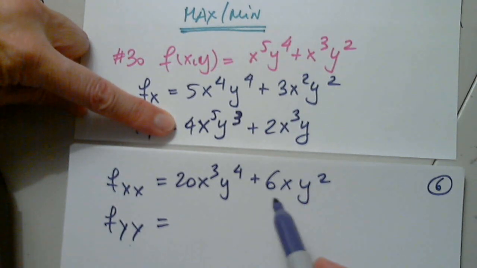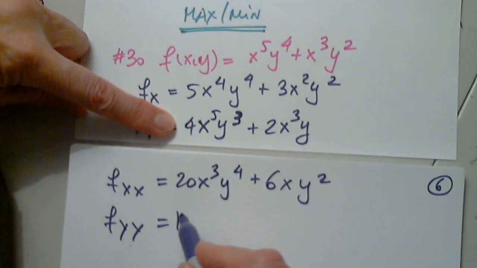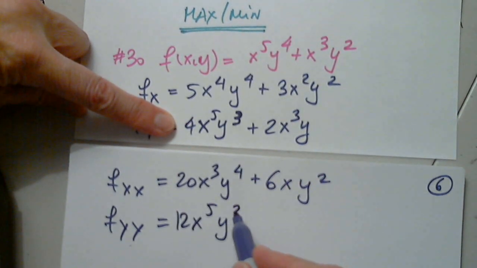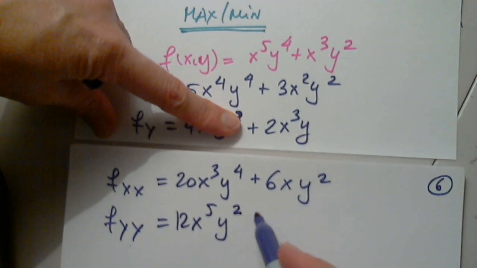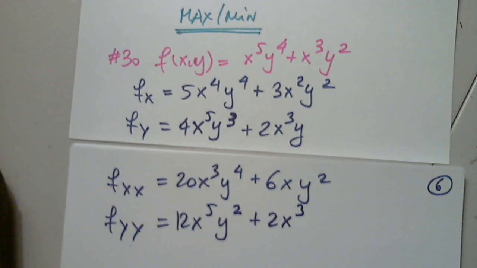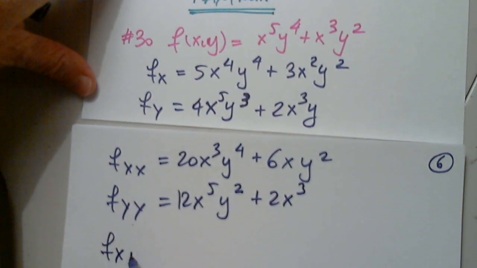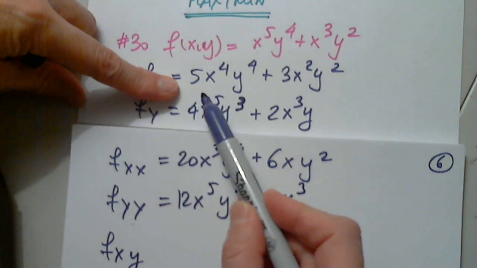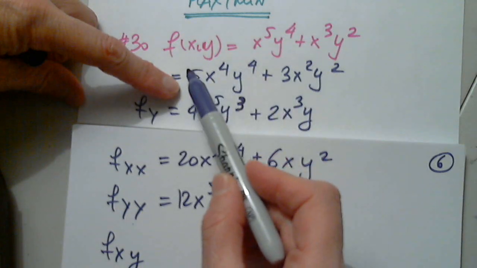It's the same process. We're just differentiating y, so x to the fifth, yes, y squared. Excellent. And we differentiate with respect to y, so we only have 2x cubed. Great job. Now we want fxy. fx, but now we are differentiating it with respect to y.